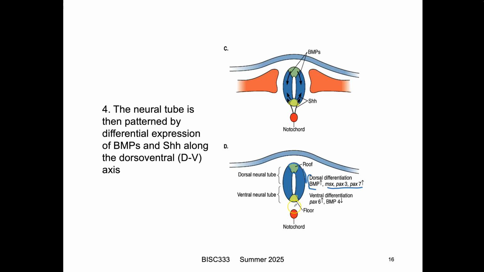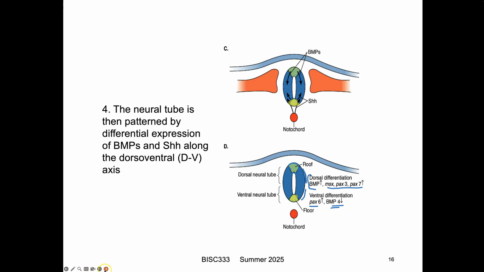On the ventral side, we have Sonic Hedgehog. We've got BMP4 is reduced, but for the ventral, we don't have MSX, PAX3, or PAX7 that are dorsal specific, but we do have PAX6. So PAX6 is probably the only one you need to remember here.